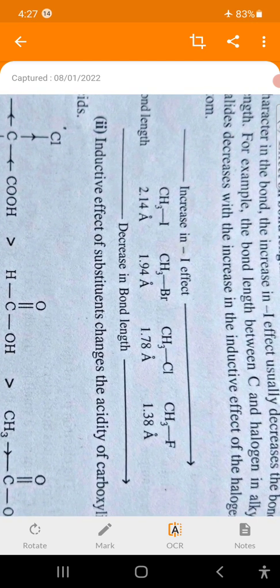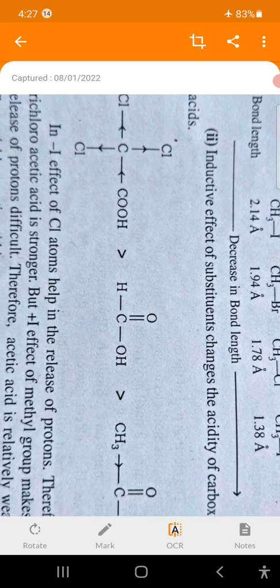As the inductive effect increases, bond length decreases and the bond becomes stronger. As electronegativity increases, the inductive effect increases, and as the inductive effect increases, bond length decreases and the bond becomes more powerful.